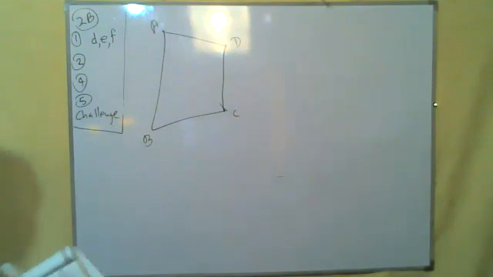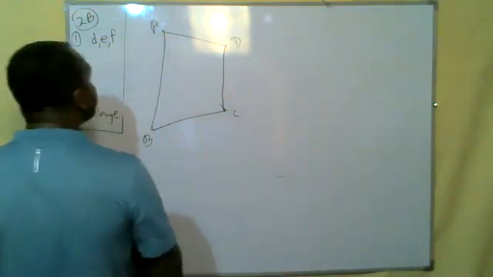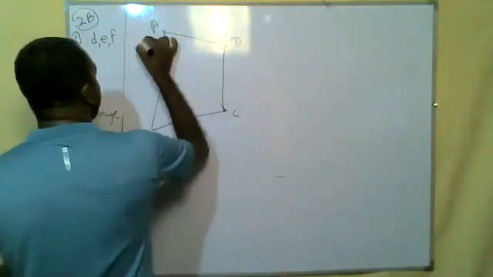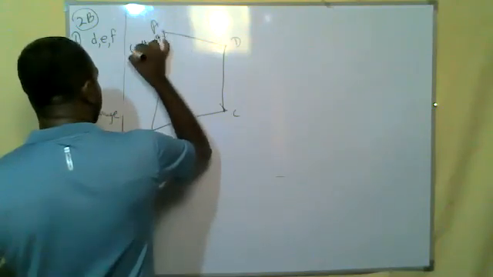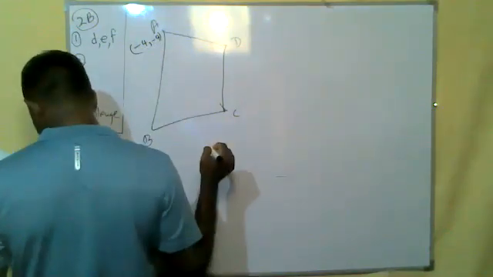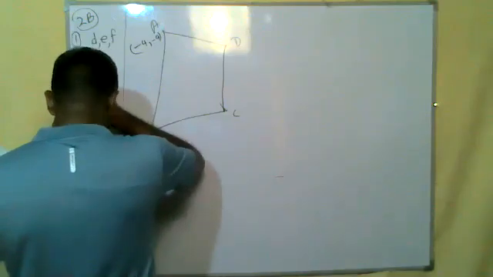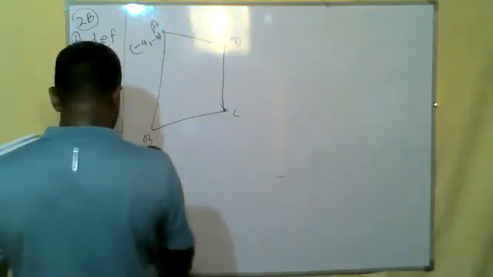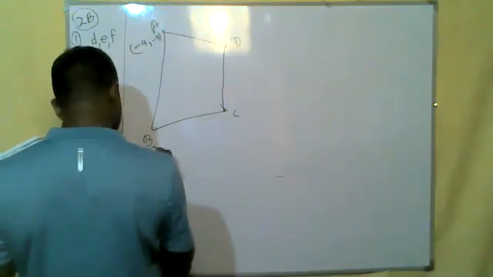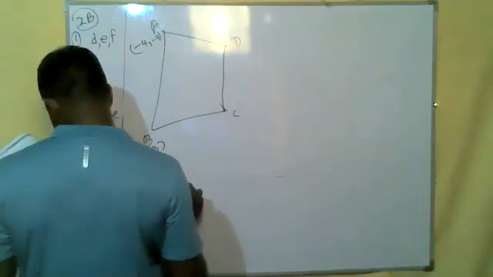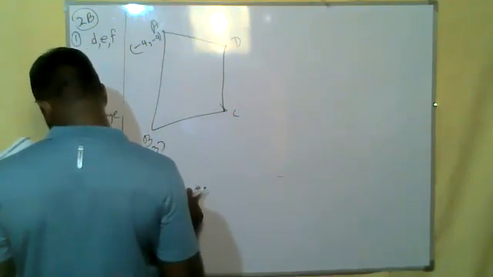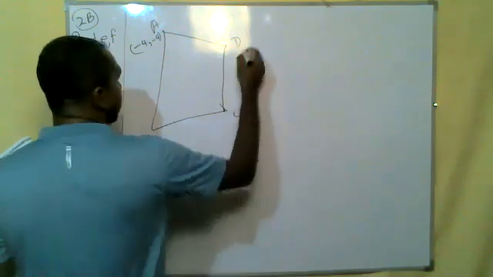So what do you have? A is (-4, -9). B is (6, -3). C is (11, 5).